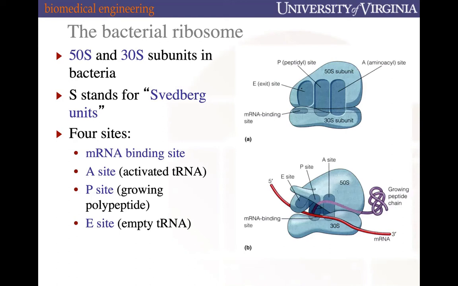In the P site, we have the growing polypeptide. And the E site is the empty or exit site. That's the site where the uncharged or empty transfer RNA will be kicked out and released during translation.